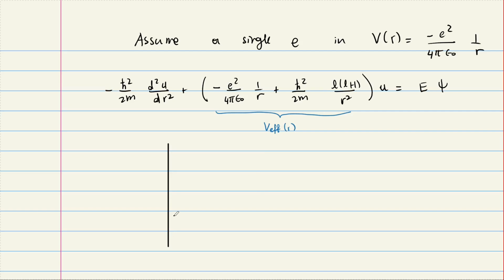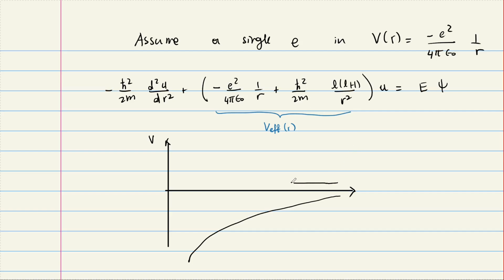So let's draw how it looks. So this is V. There are two contributions, right? There is the Coulomb contribution, but it is negative, and as r goes to 0, this Coulomb term is going to go like this. And the other component is positive, right? h bar squared, m, and l(l plus 1) are all positive.